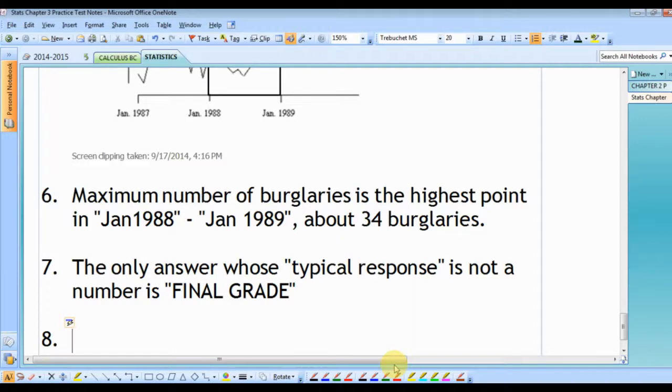We don't even know what that means, right? Hopefully you will. The correct answer is C, labeling the graph.